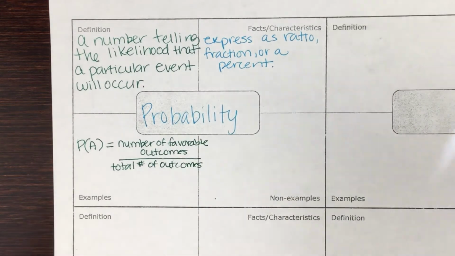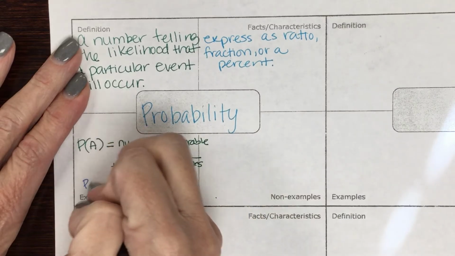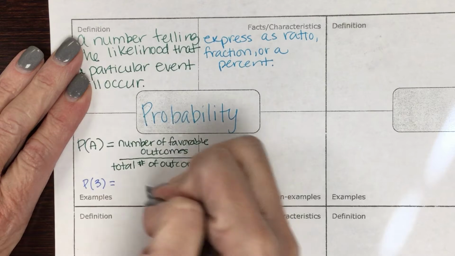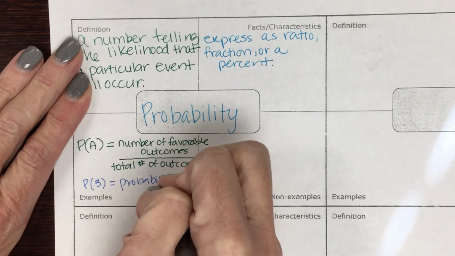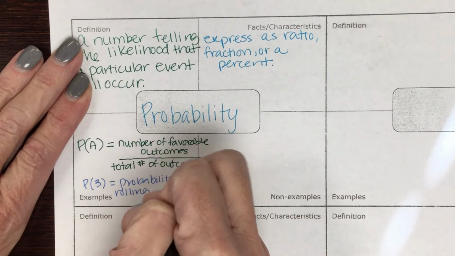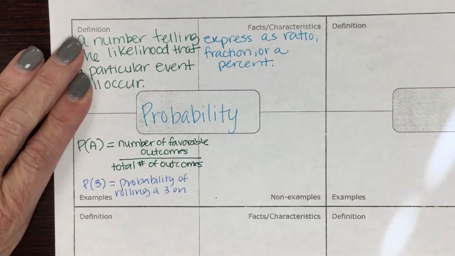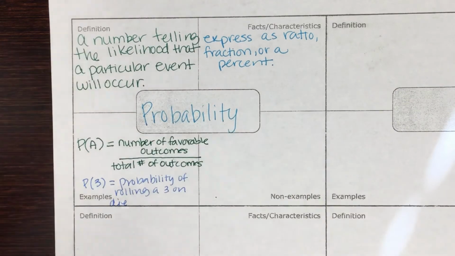So if you see the probability of a 3, okay? Really what it's going to say is probability of rolling a 3 on a die, and we call a die, it's just one dice.